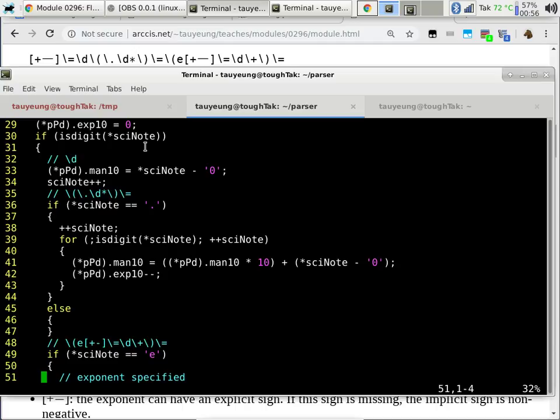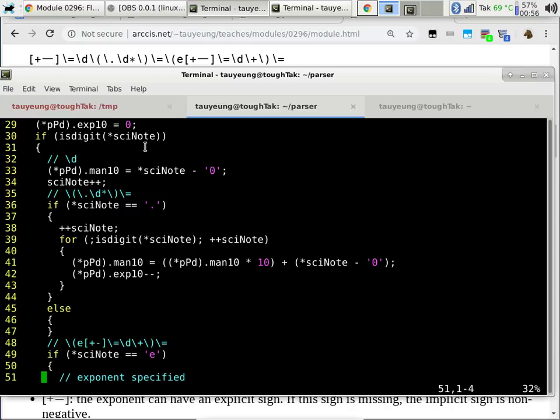Go ahead. It's converting the ASCII code to the value of the digit of that ASCII. Okay, that's basically what it is. Because the character 0 has an ASCII code of 48 in decimal. In other words, if I just use side note itself, it's going to give me 48, which is not the value that I want.